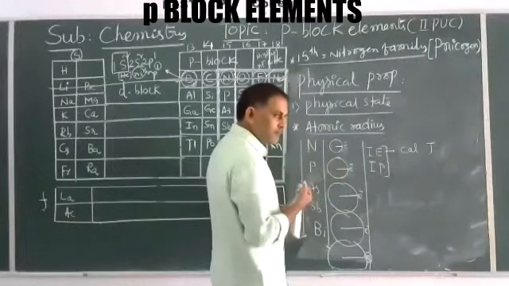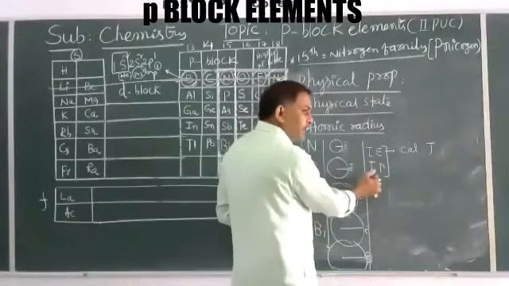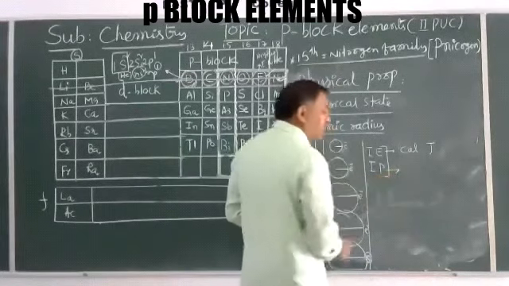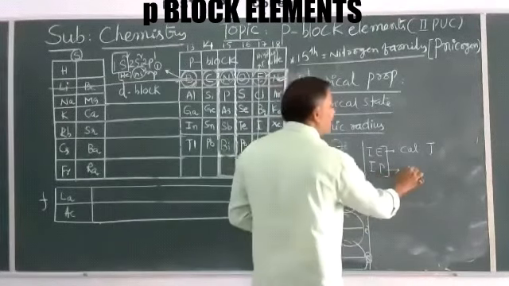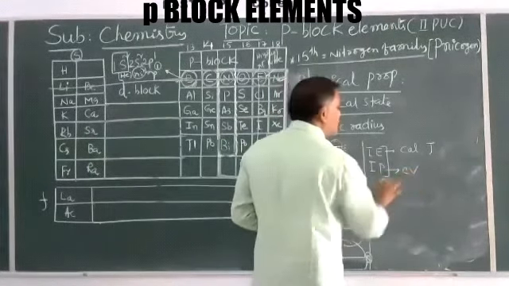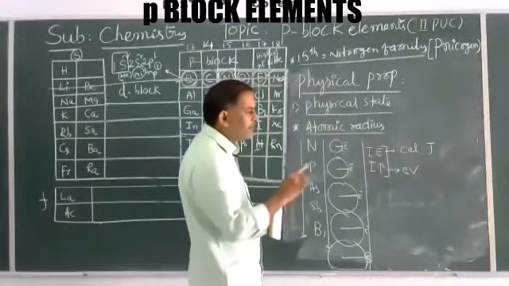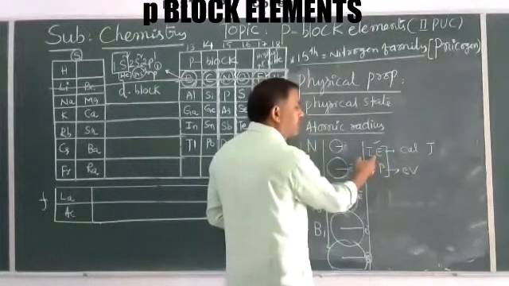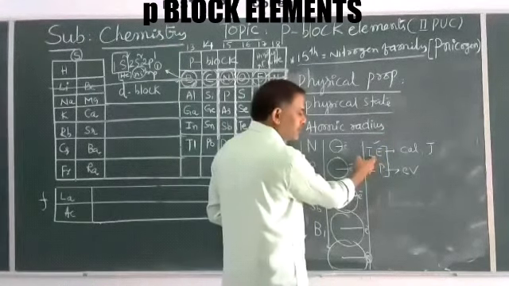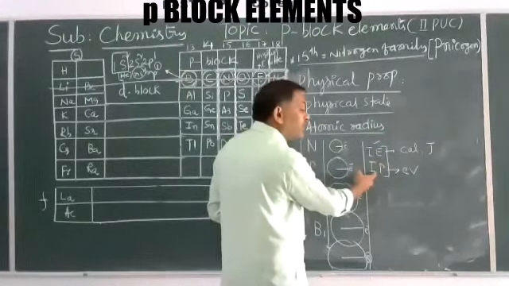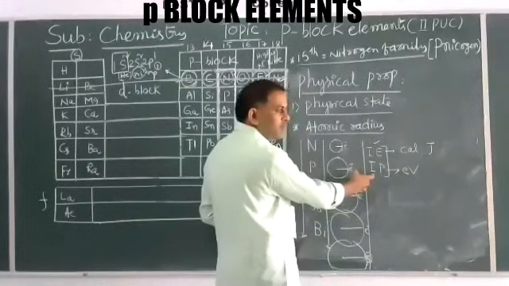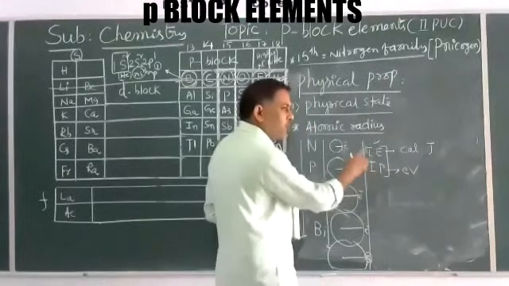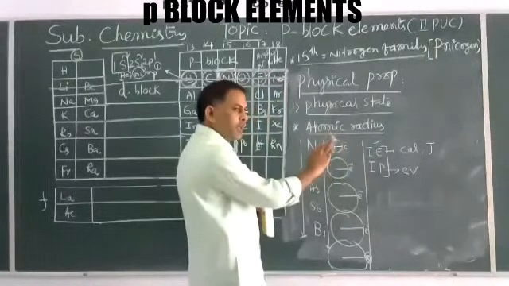If we use IP, ionization potential, by applying electrical potential, it is in volts or electron volts. The definition is the same. With IE, the minimum amount of energy is required; with IP, the minimum potential is required. But the concept and the definition are the same.